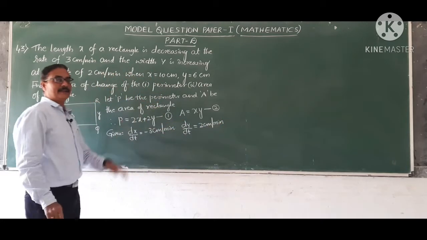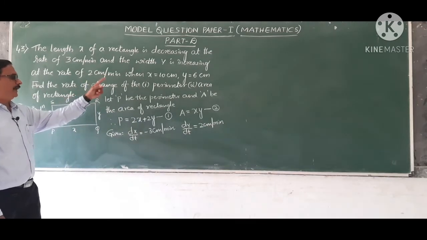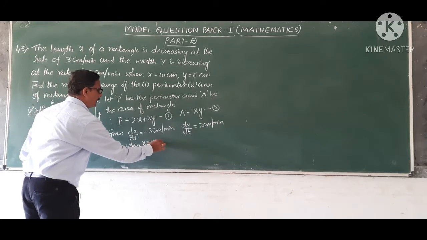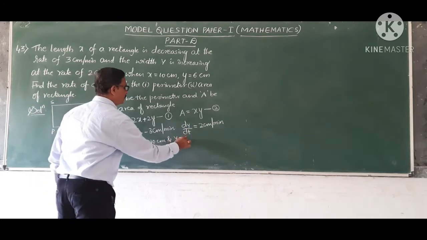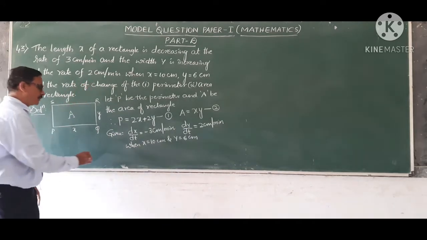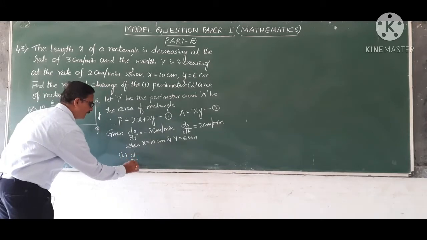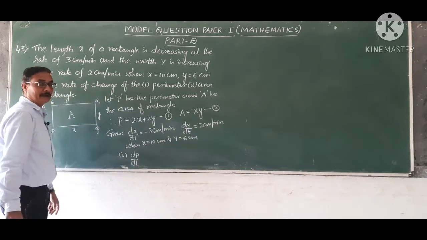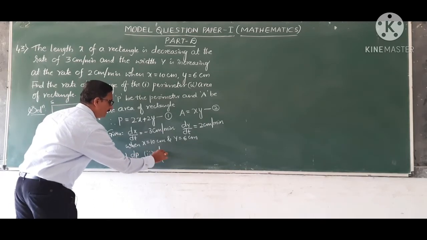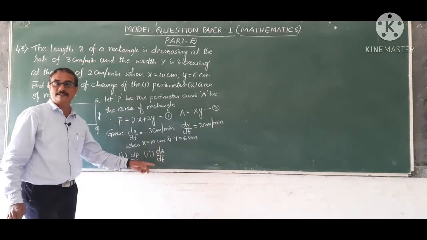When x is equal to 10 centimeter and y is equal to 6 centimeter, first find the rate of change of perimeter P, dP by dt, and second find the rate of change of area, dA by dt.